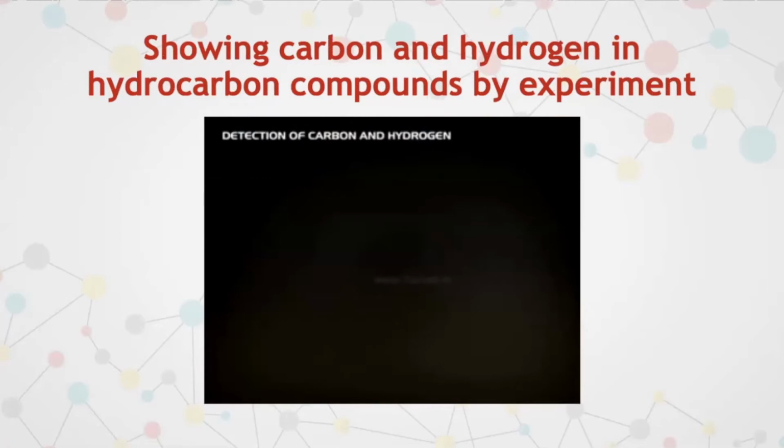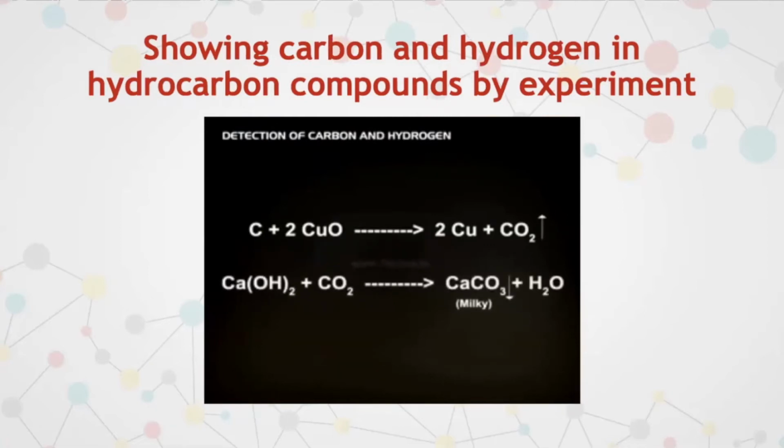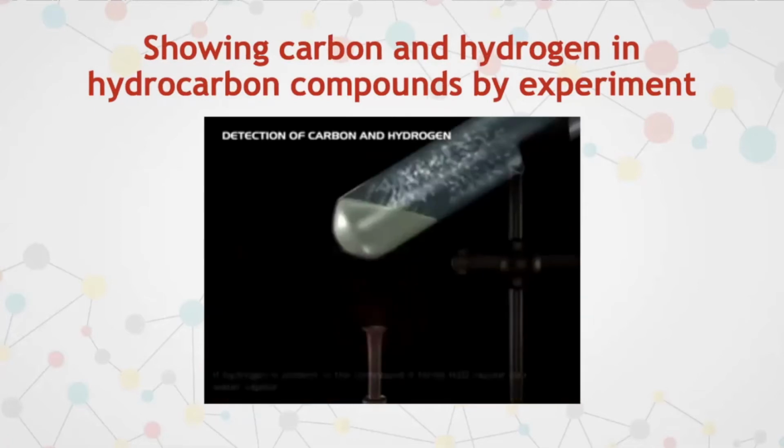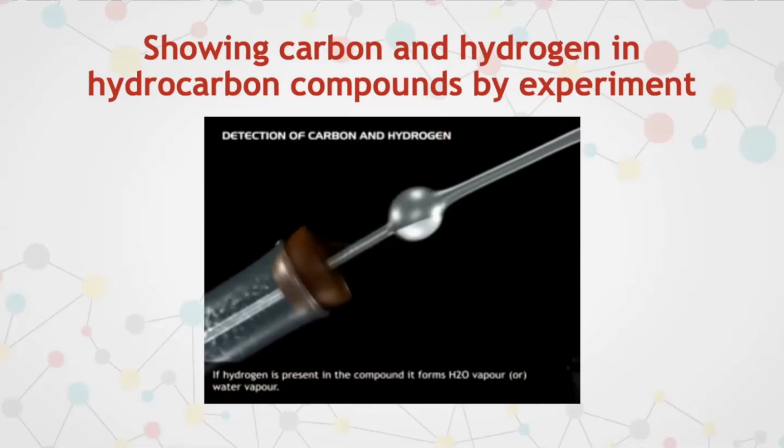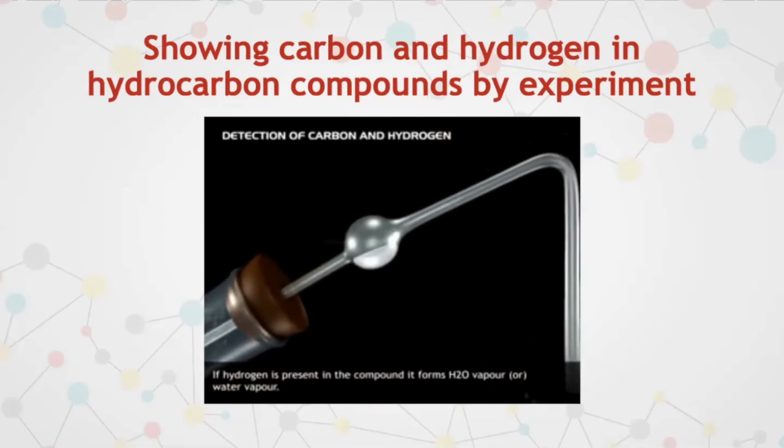The reactions involved in this process are C plus 2CuO gives 2Cu plus CO2. Ca(OH)2 plus CO2 gives CaCO3 plus H2O. If hydrogen is present in the compound, it forms H2O vapor, or water vapor.